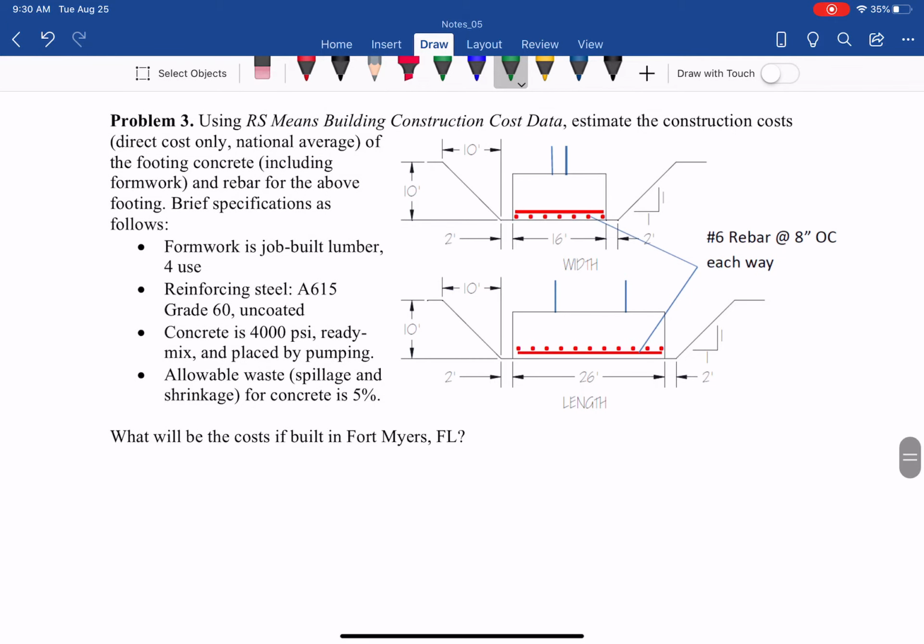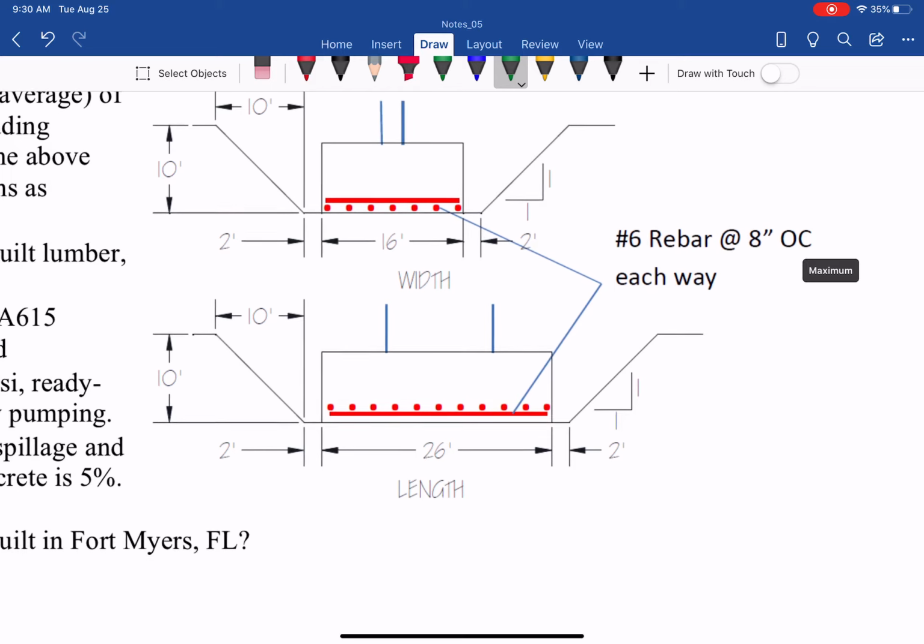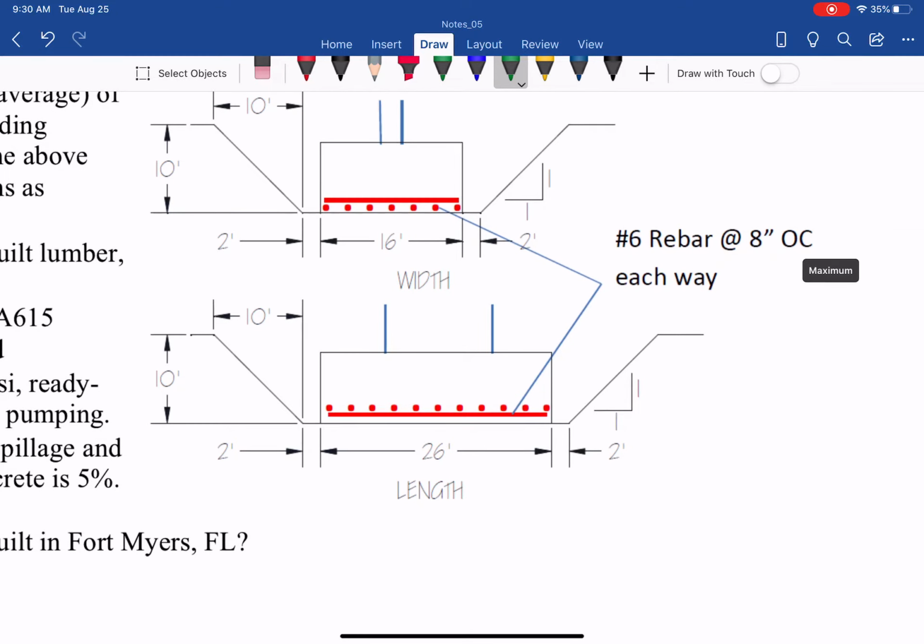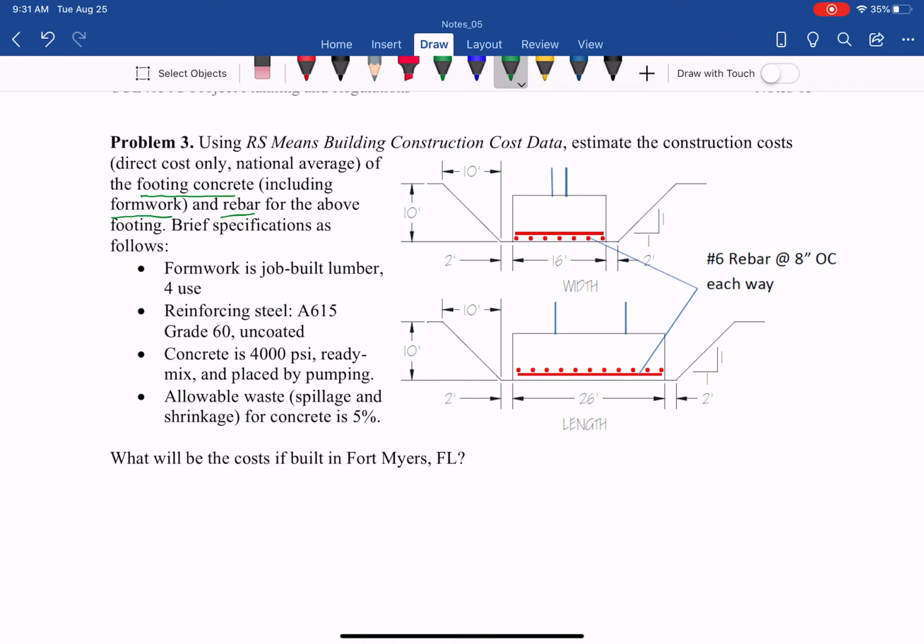They ask us for the footing concrete, including the formwork and the rebar. The rebar is the red shown here: number 6 rebar at 8-inch OC. OC is on center, so the interval, each way.